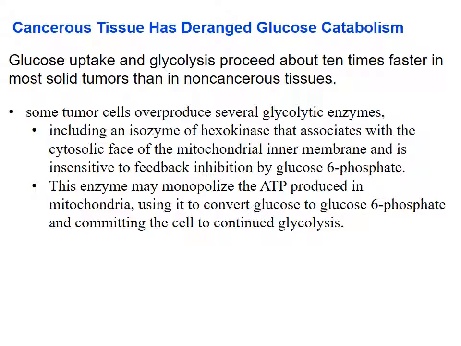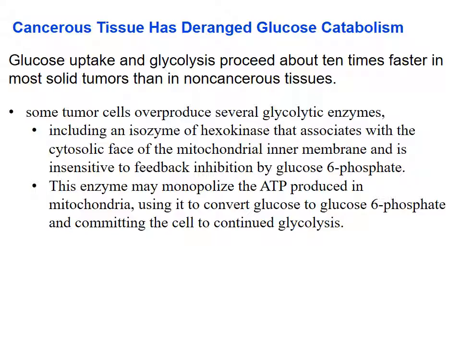In addition, to overcome some of these constraints, some tumors overproduce several of the glycolysis enzymes. These include an isozyme of hexokinase that in particular cases associates with the cytosolic portion of the mitochondrial inner membrane.